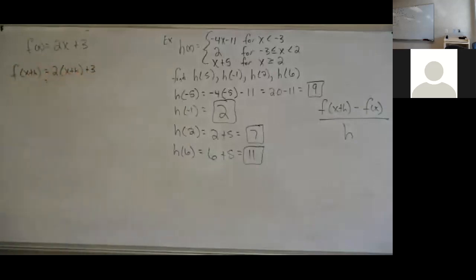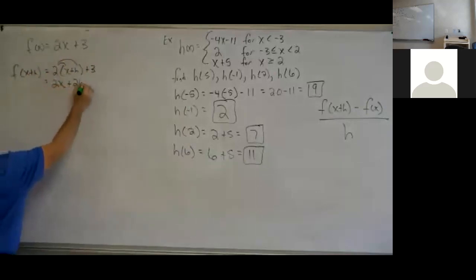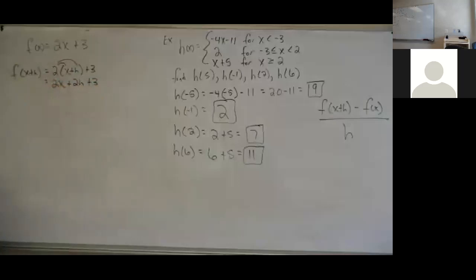There's only one more thing you can do to that, and that's distribute that 2 through the parentheses, right? So I'm going to distribute, so I get 2x plus 2h plus 3. That is now the f of x plus h, right? So I'm going to plug it into that formula. F of x plus h minus f of x, all over h.